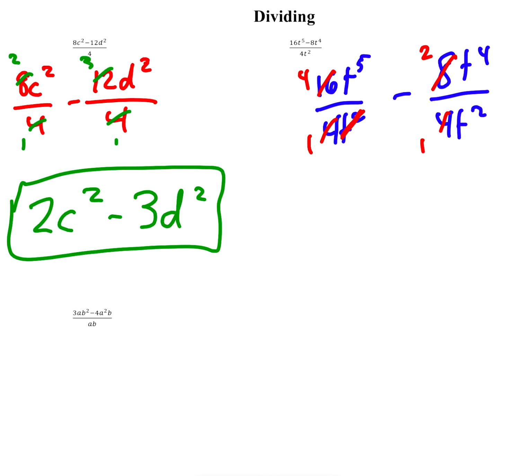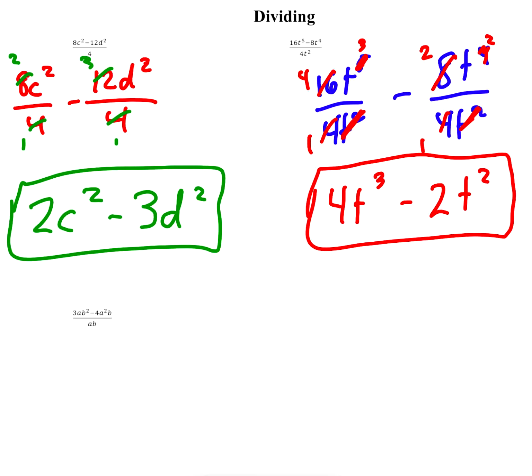Then t squared cancels out here, and I'm left with t to the 3rd. And then t squared cancels on the denominator in that second fraction, and I'm left with t squared in the numerator. So this now becomes 4t to the 3rd minus 2t squared. They're both over 1, so we don't need to write that. And that would be my simplified final answer.